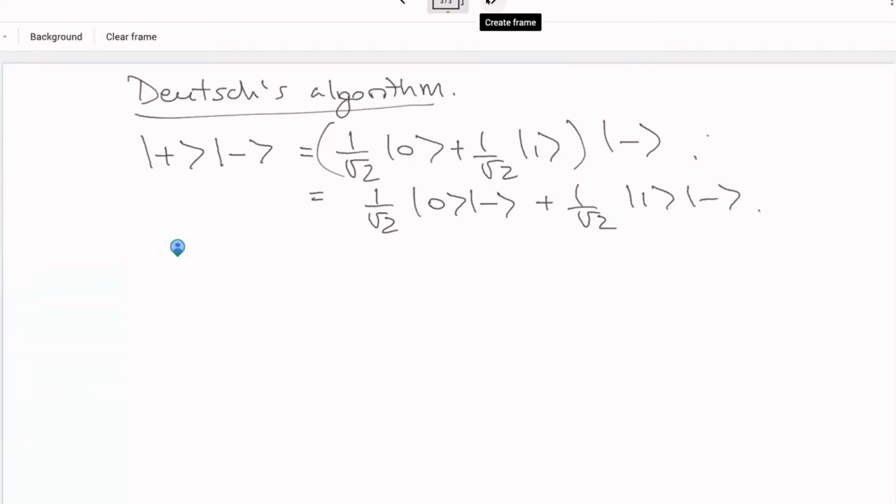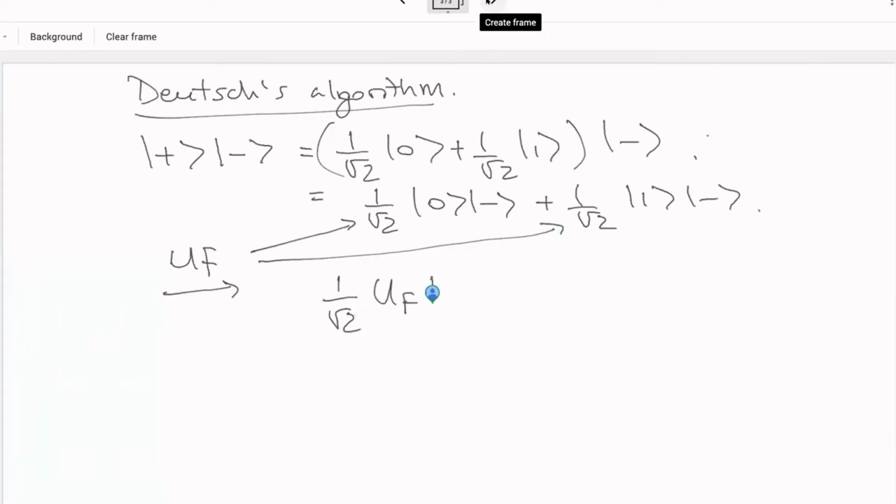And now I apply U sub f. Let's see what we get. Right now, U sub f is going to act separately on the two terms. So what I get is 1 over square root of 2 U sub f 0 minus, plus 1 over square root of 2 U sub f 1 minus.